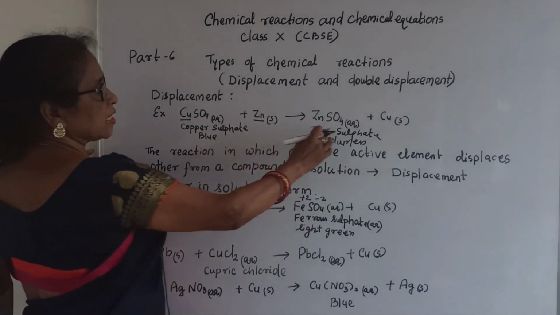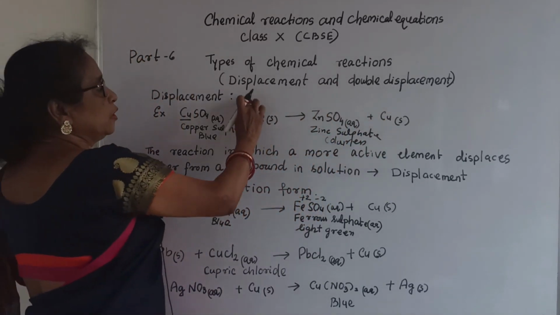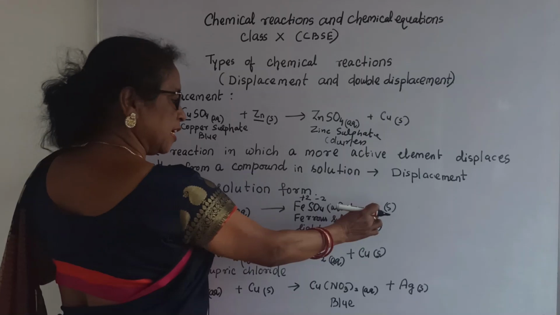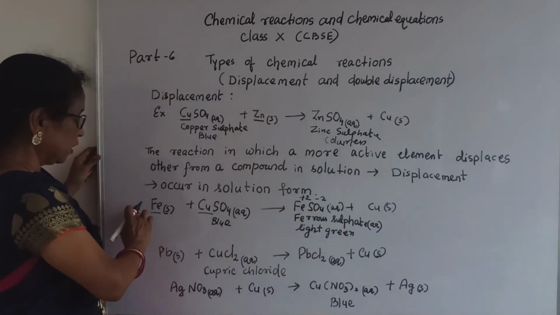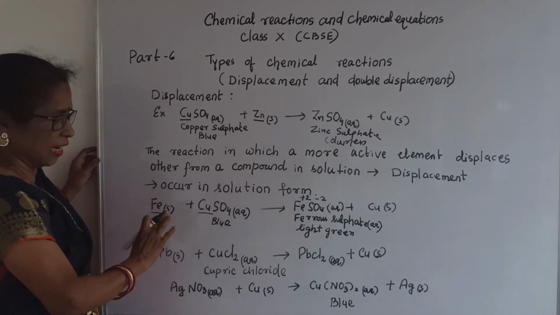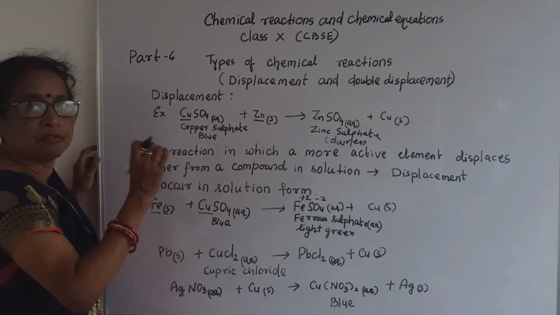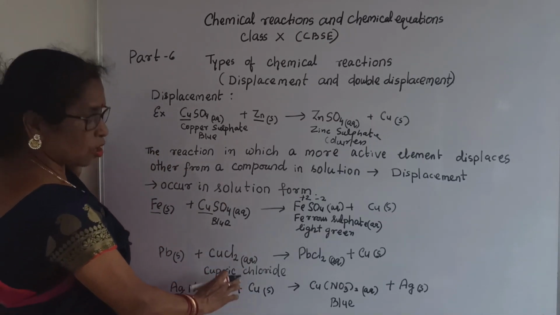Similarly, brown copper solid is deposited on the zinc piece, on iron, and on lead. And here silver, white-grey, is deposited on copper.